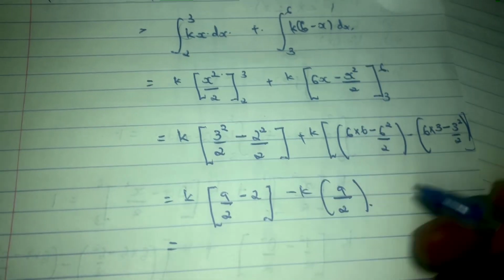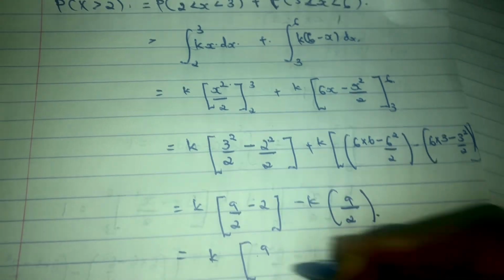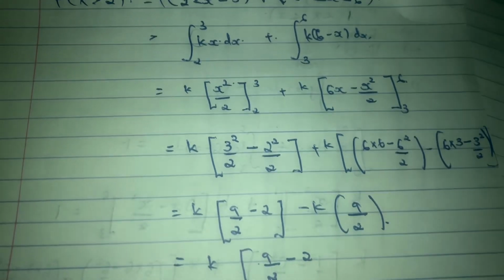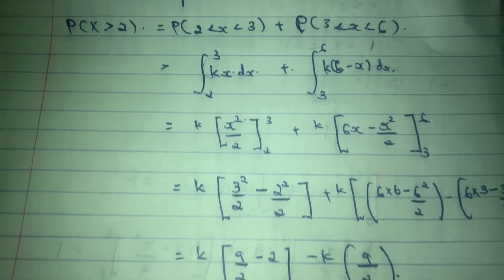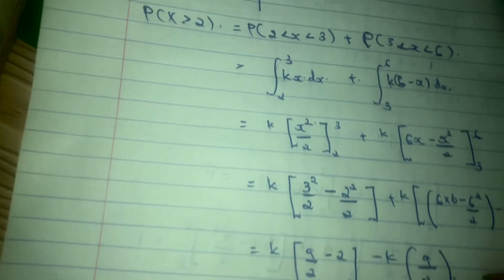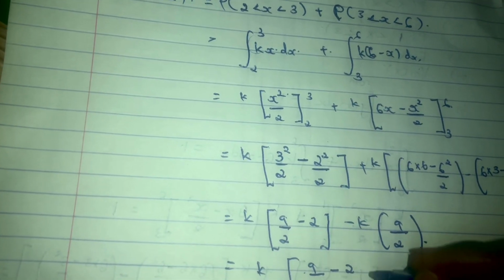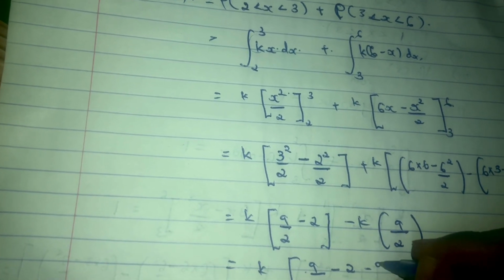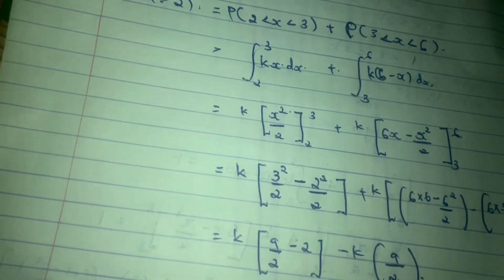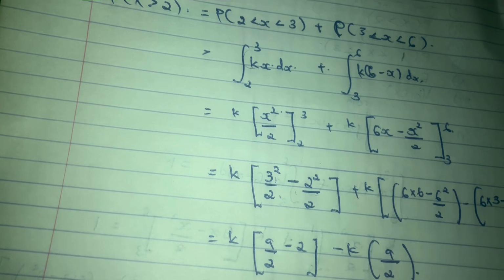So when you pull out k, you can actually see I remain with 9 over 2 minus 2 together, minus 2 here, also having this times this, giving us minus 9 over 2. Are we together? This is 3 squared minus 2 over 2 squared.